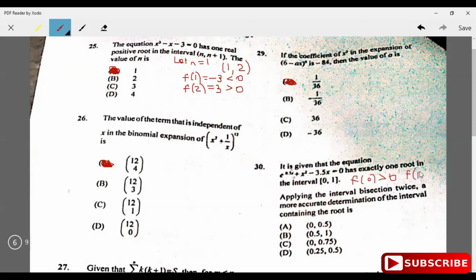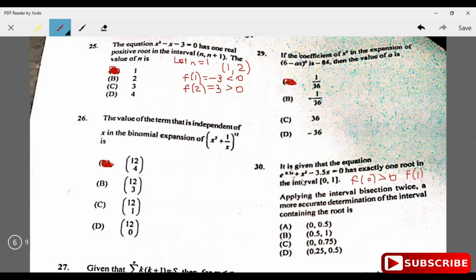Put in 1 for all of this and tell me what you're getting. I can't work it out in my head.